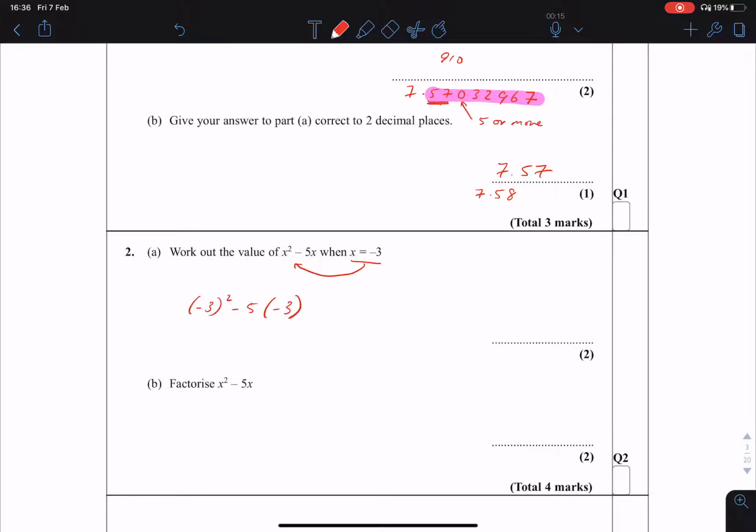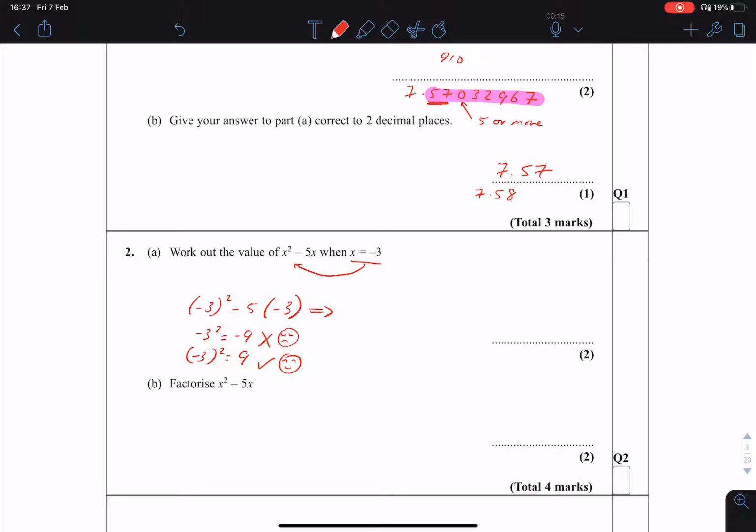Because if you put just -3 squared in your calculator, it will equal -9, which is wrong. Unhappy face. But if you put -3 in brackets squared, that equals 9. That is correct. So that gets not another unhappy face. That gets a happy face. Yay.